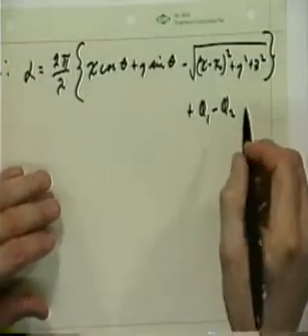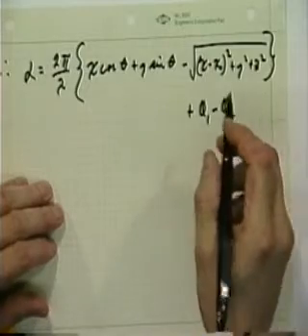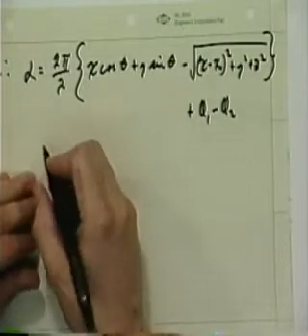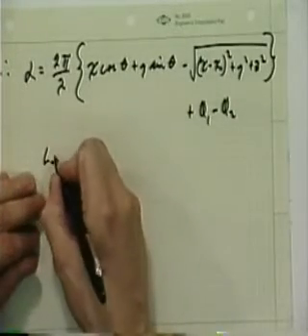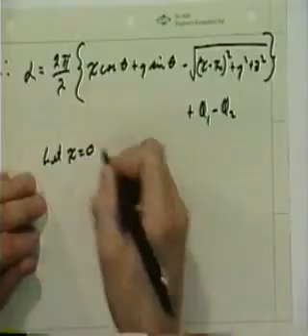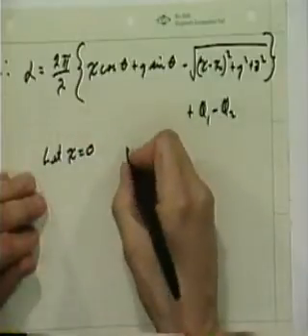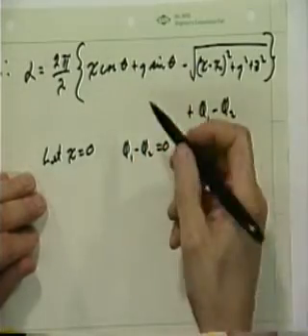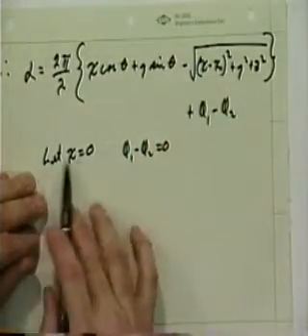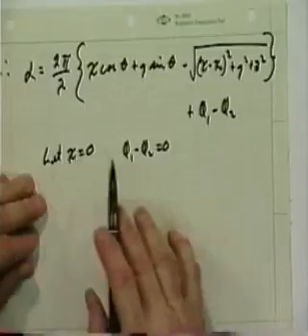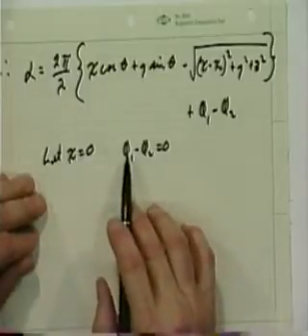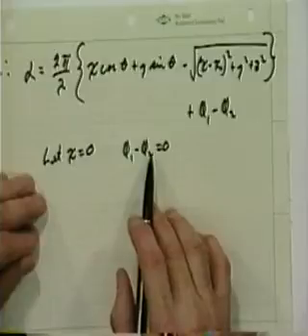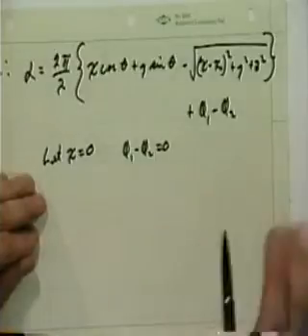Well, what we want to do now is make life as simple as possible. So let's pick the coordinate system so x is equal to 0. And also let phi 1 minus phi 2 equal 0. There's no reason why we can't pick the coordinate system. The only effect of phi 1 minus phi 2 not being equal to 0 would be a shift in the fringes.